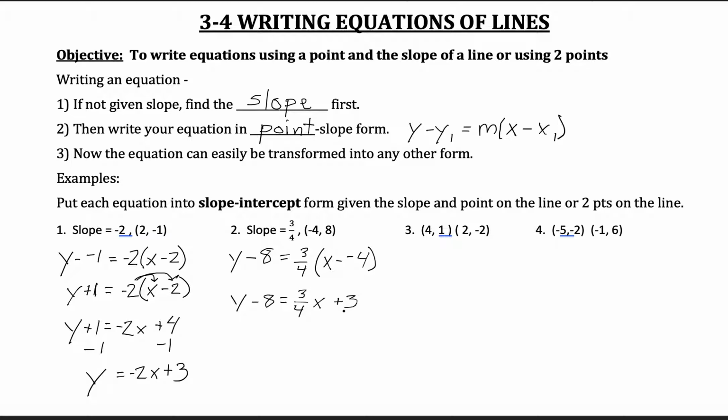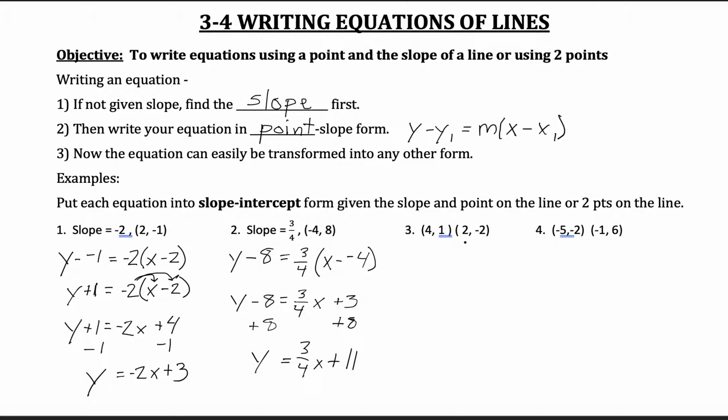And then going from there, we want to add 8 to both sides to get our y by itself for slope-intercept form. And we then have y equals 3/4 x plus 11. Now we have our equation of our line in slope-intercept form.